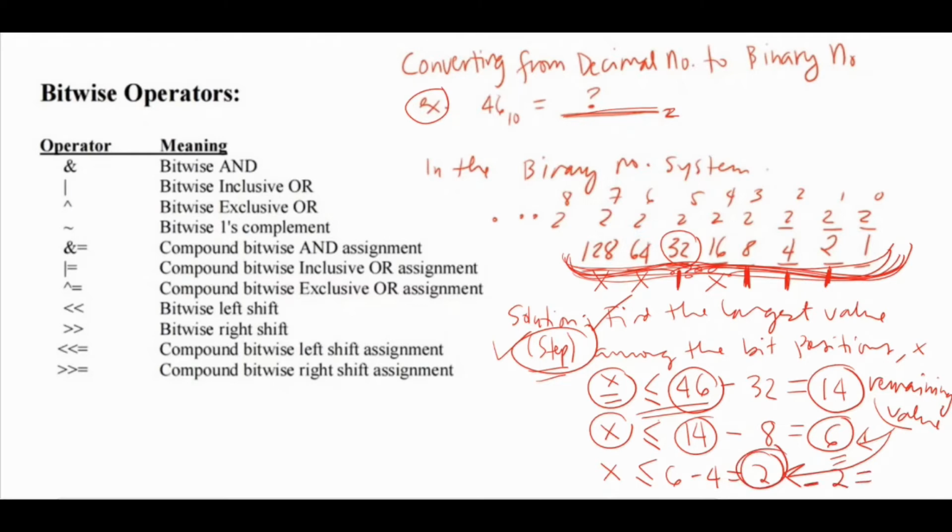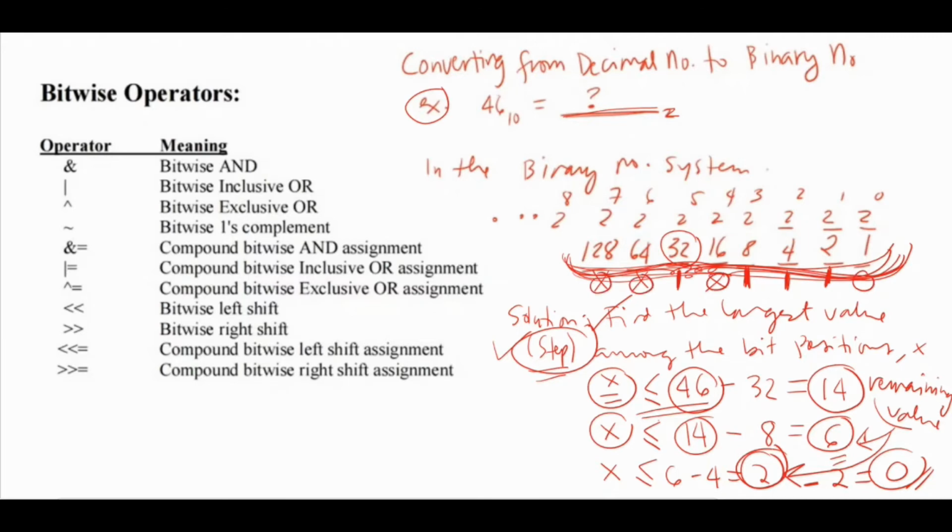This time, the remaining value is 0. And when the remaining value becomes 0, that's the end of the process. And we set all of these bit positions which are not 1 to 0. So this one here is 0, this is 0, 0, and 0.